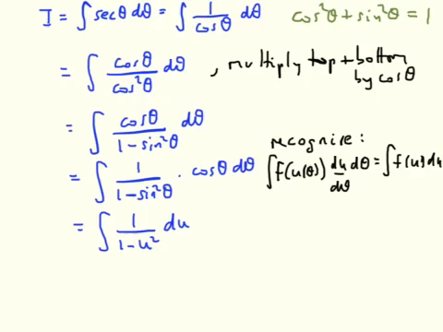And this can be rewritten in turn as the integral of 1 over 1 plus u times 1 minus u with respect to u. And when we see this, I hope that we think we should be using partial fractions.